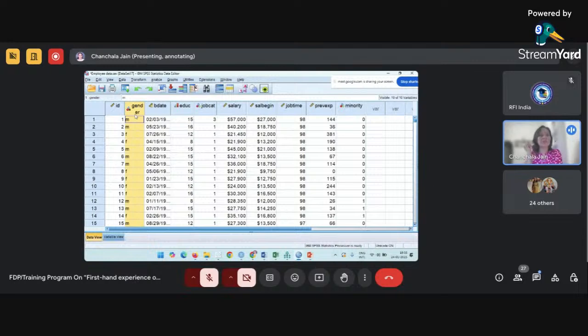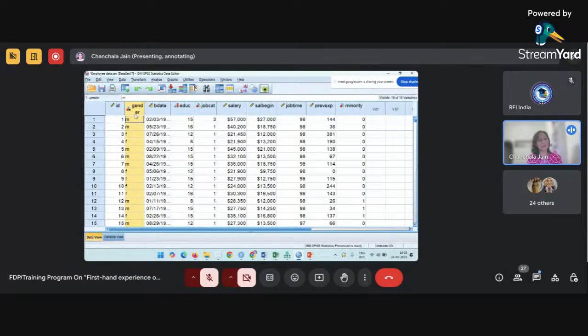So the first assumption is met. The second assumption was we need one dependent variable which should be numeric, on the interval or ratio scale. Salary is a numeric variable on the ratio scale, so the second assumption is also checked and met.